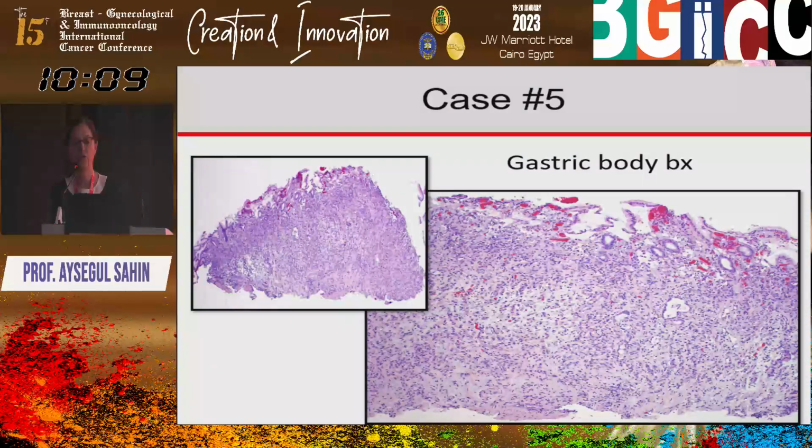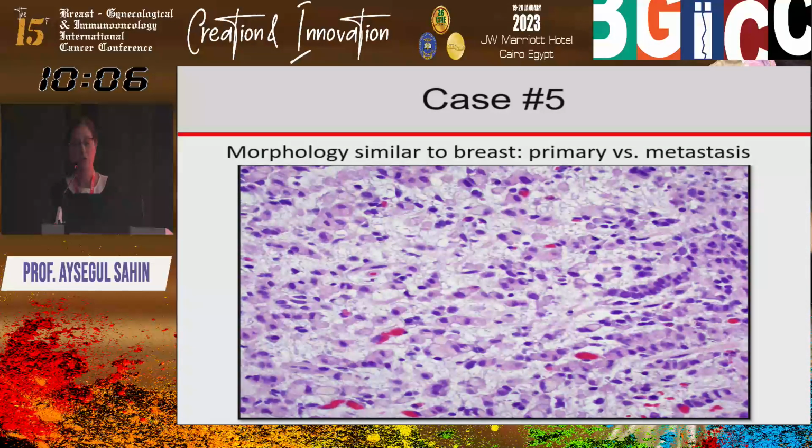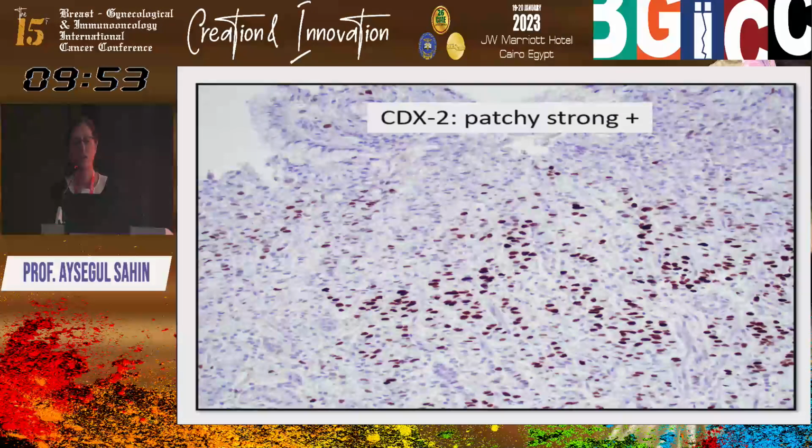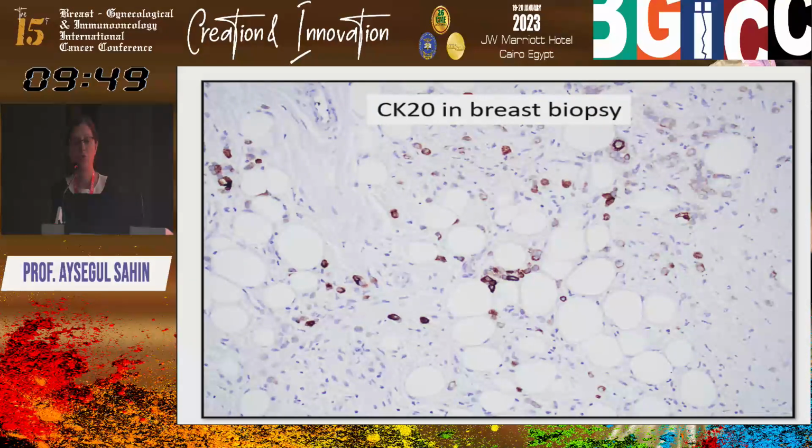And this is her gastric biopsy, showing tumor cells very similar to what we found on her breast biopsy. And it was CK20 patchy, but in areas it was strong. And CDX2, again, patchy but strong positive.